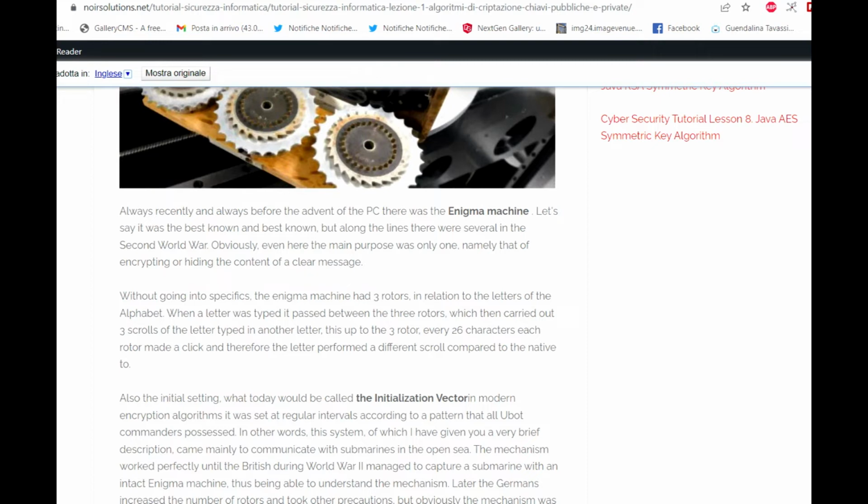In other words, the system, of which I have given you a very brief description, served mainly to communicate with a submarine in the open sea. The mechanism worked perfectly until the British during the war managed to capture a submarine with an intact Enigma machine, thus being able to understand the mechanism.